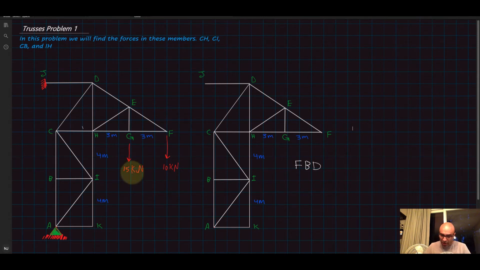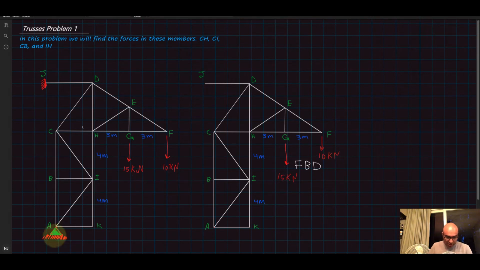So we have the usual ones here, which are known. This is 15 kilonewton, and we also have this one here acting at joint F, 10 kilonewton. What else do we have?